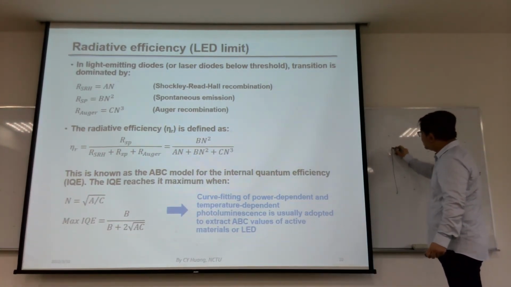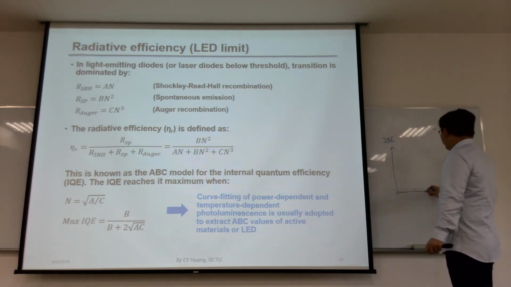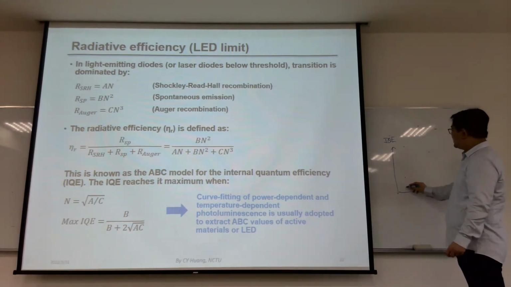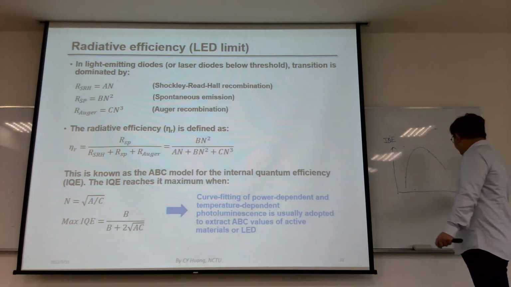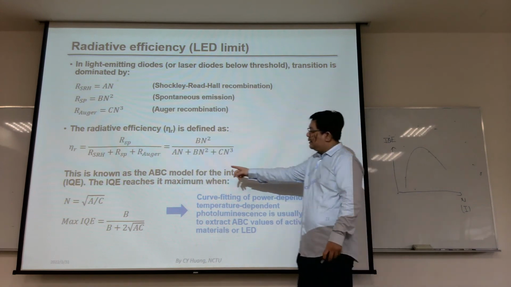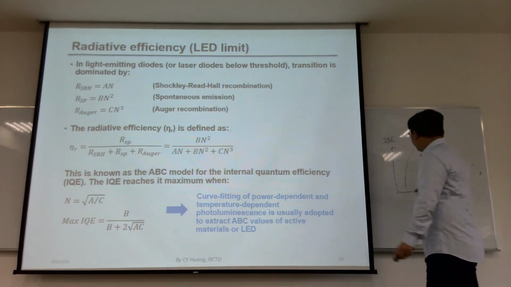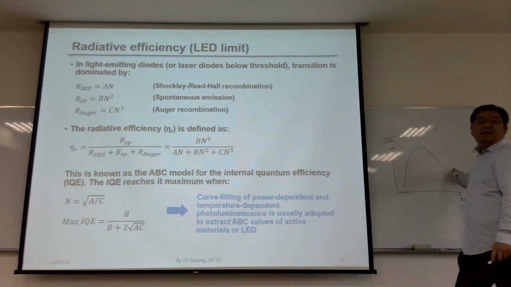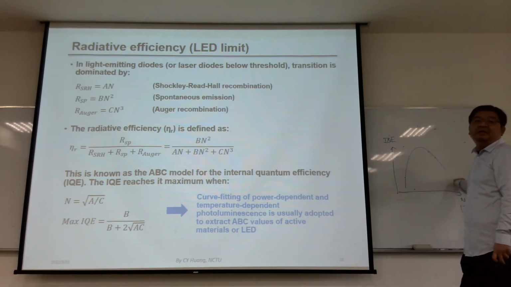The efficiency of an arbitrary device usually looks like this. When the carrier density, or the injection current, is really low, it is dominated by Shockley-Read-Hall recombination. If the carrier density is really high, it is dominated by Auger recombination.